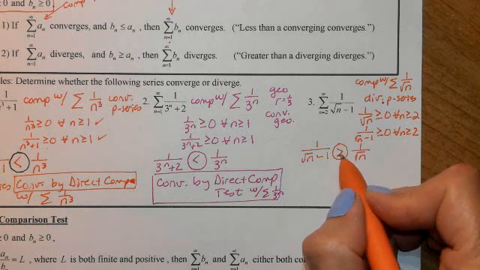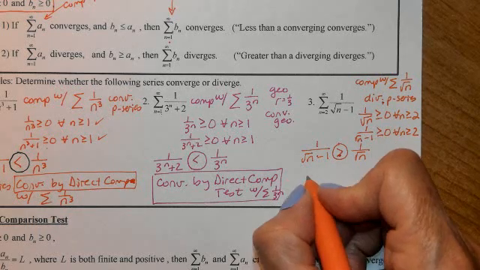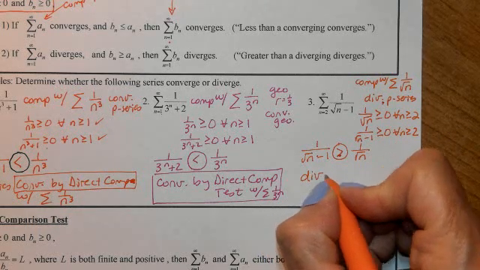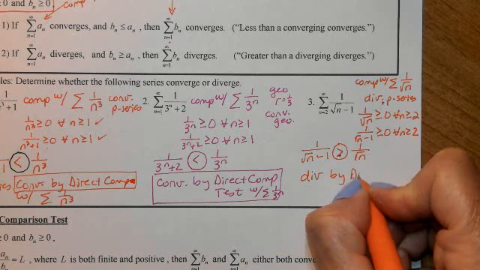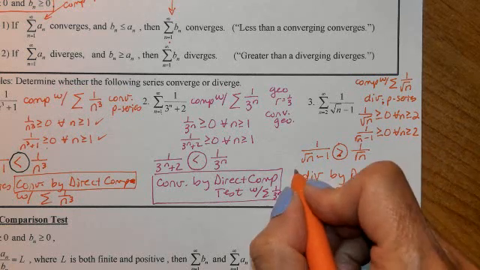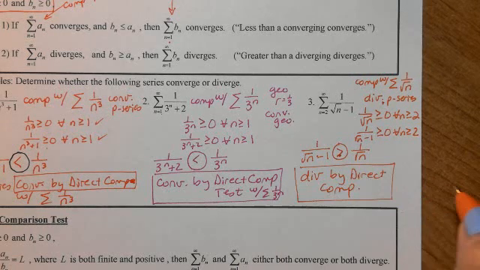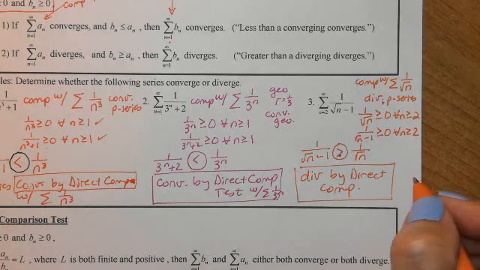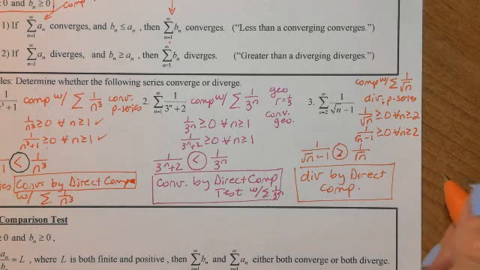If our series is greater than a diverging series, then our series must also diverge by direct comparison with 1 over square root of n, if you want to say that.